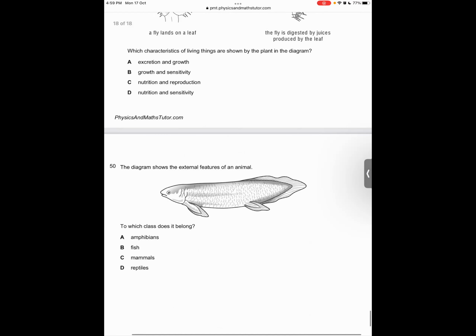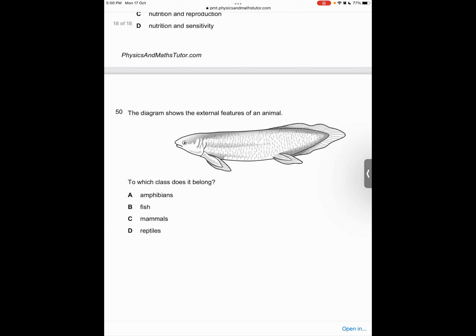One last question. The diagram shows the external features of an animal. To which class does it belong? Fish. So we're done for today.